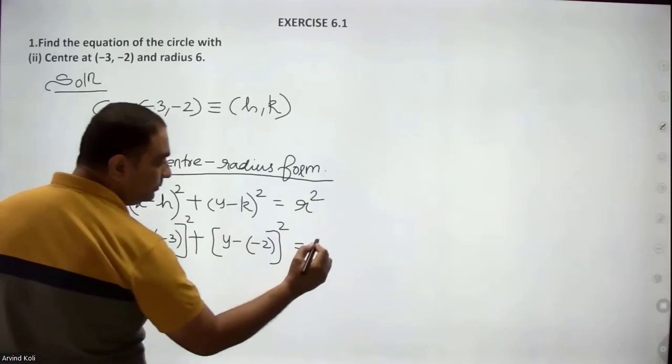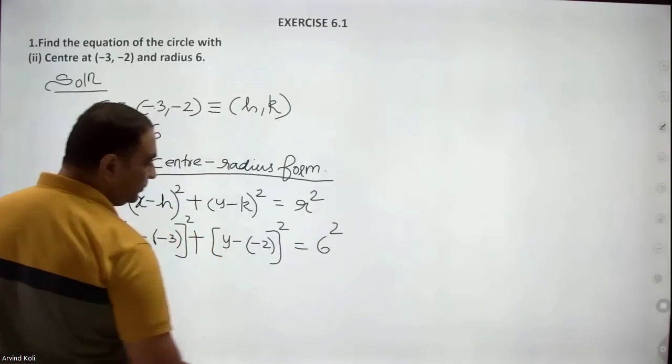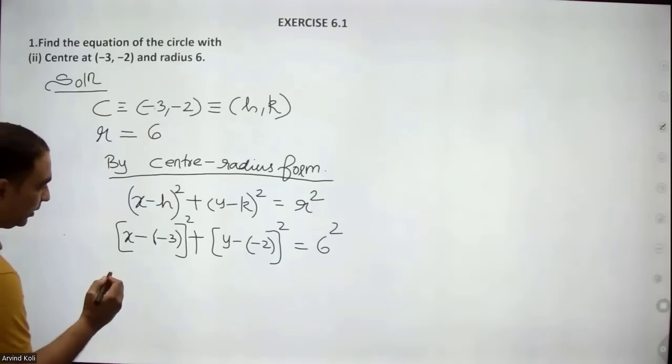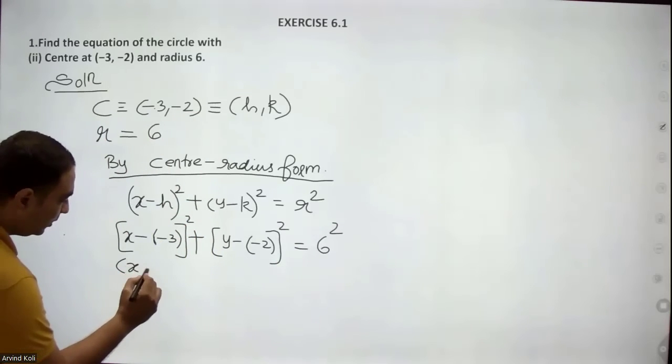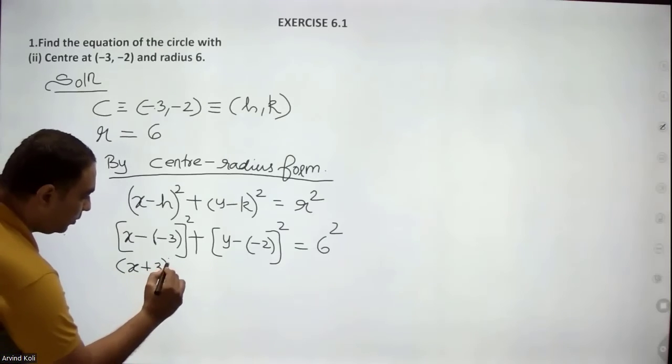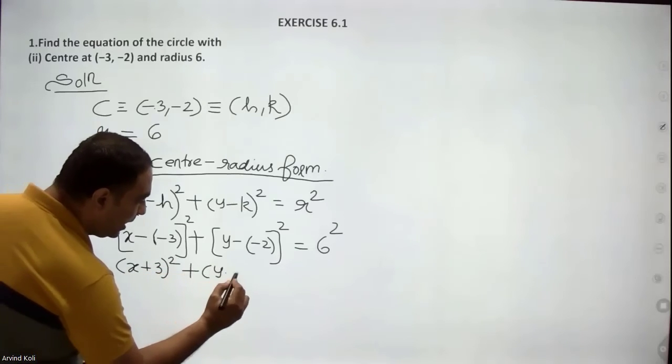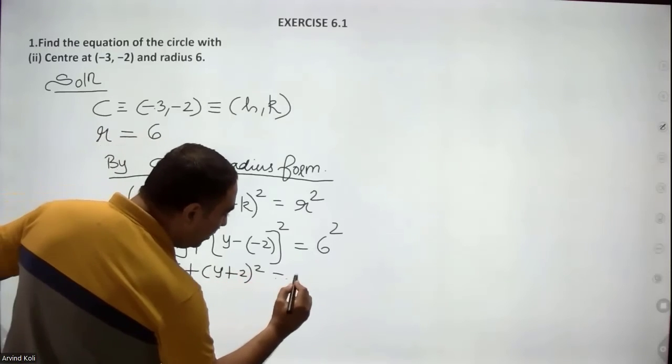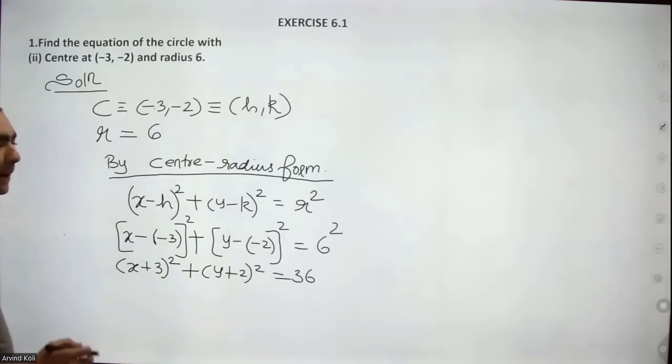R is 6. Okay. So what do we get over here? We get x plus 3 the whole square plus y plus 2 the whole square is equal to 36.